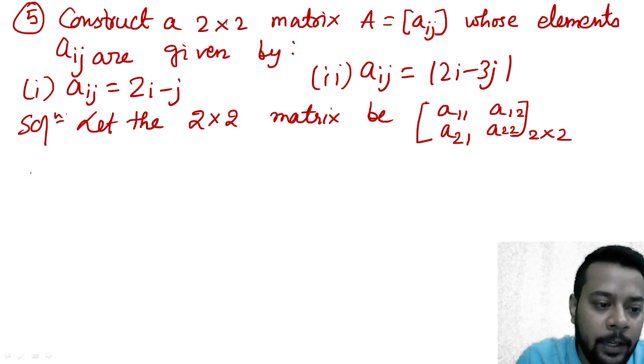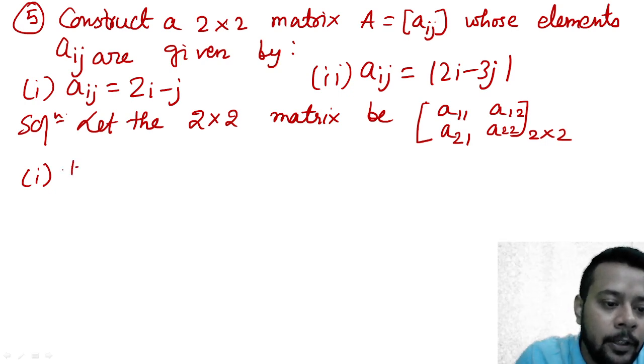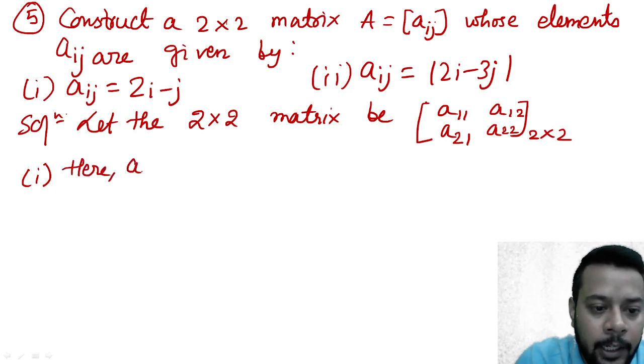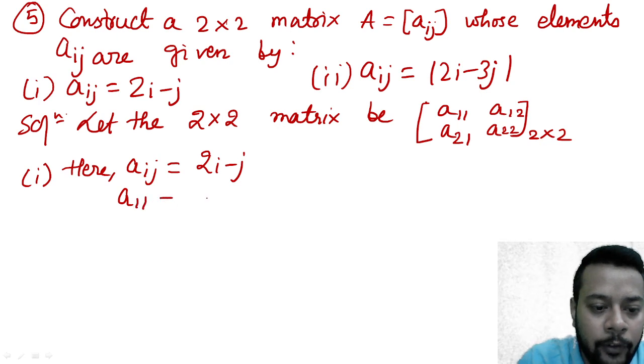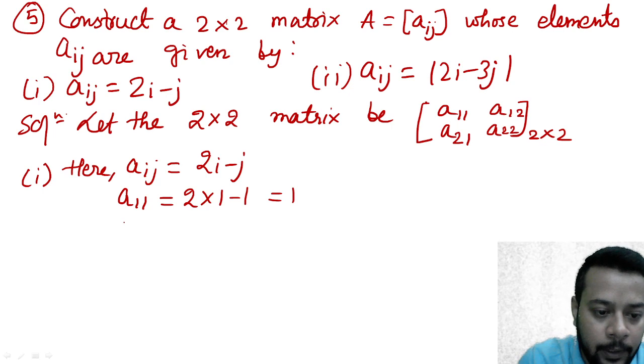So let us find one by one, first subpart, where Aij is equal to 2i minus j. So A11 we will take out first, it will be 2 into 1 minus 1, that will be simply 1.